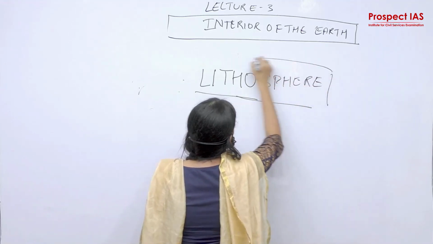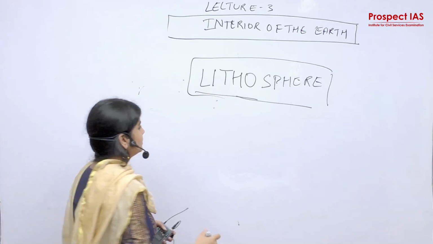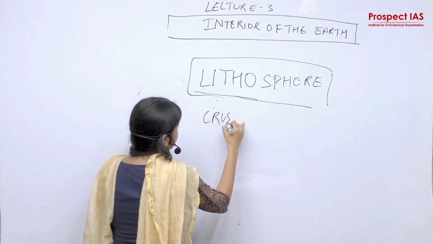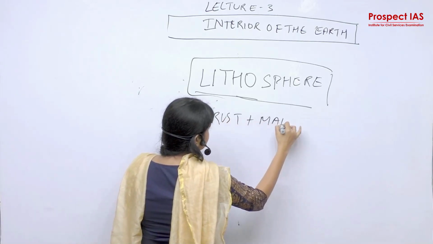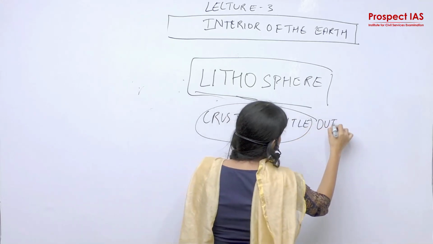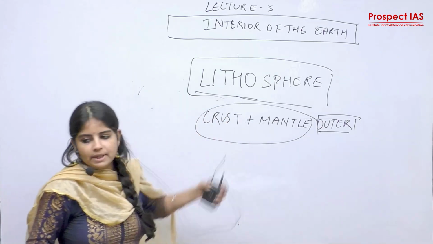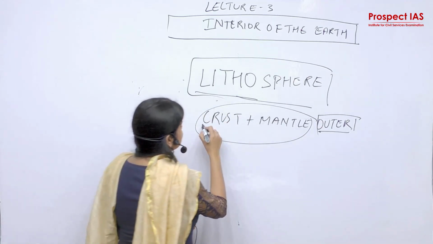Because in every chapter you need to understand the concept, because it complements the second chapter. Lithosphere, crust plus mantle, outer part, right? So above the asthenosphere, right? So this is the lithosphere.